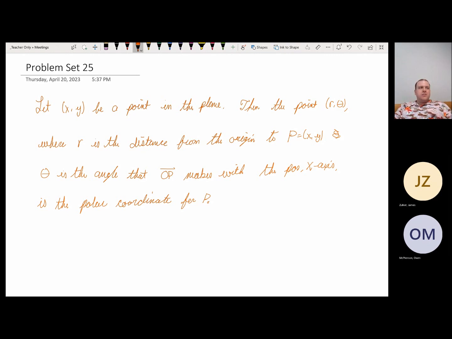I think your text allows R to be negative, which for me doesn't make any sense because R is measuring a distance, and distance is not negative. So I'm never going to let R be negative.